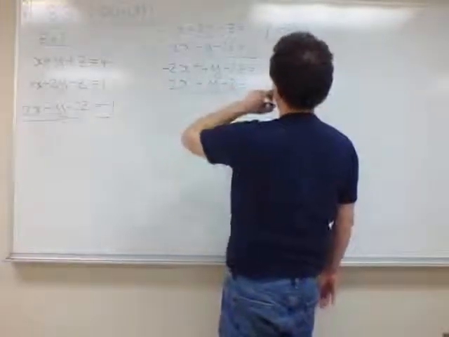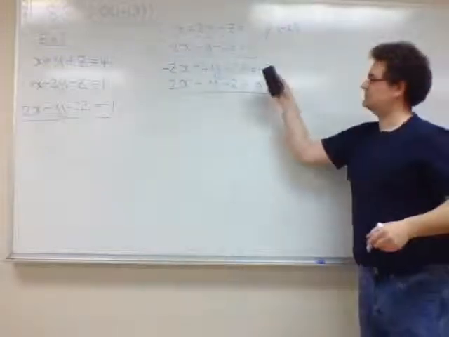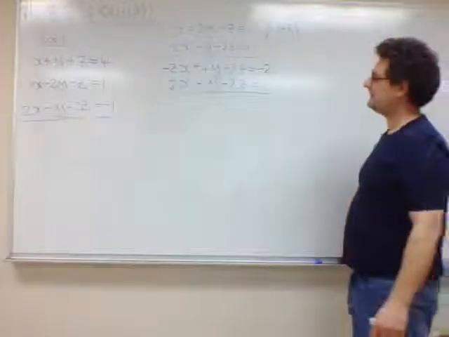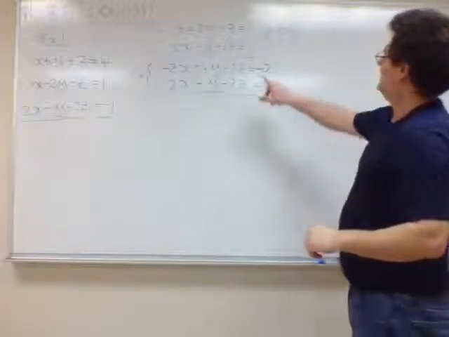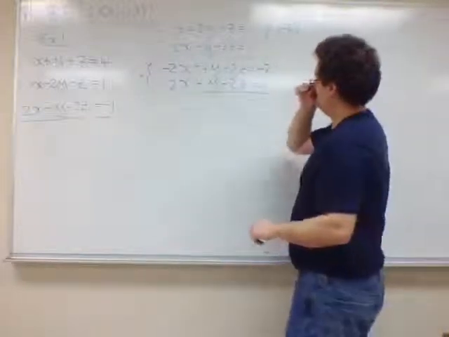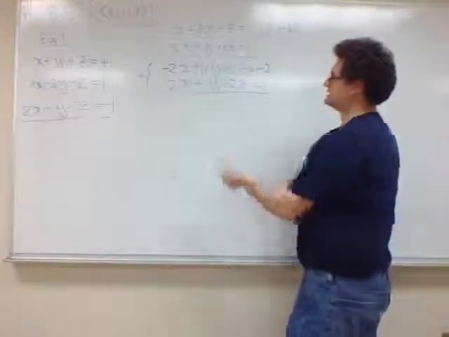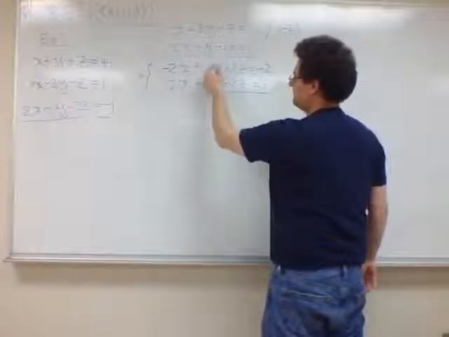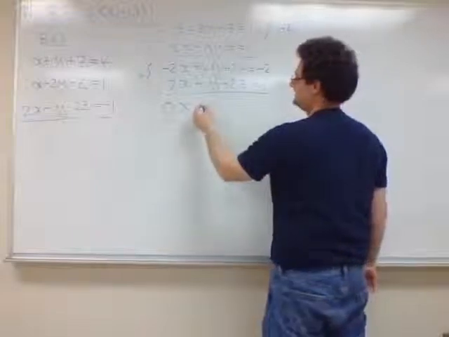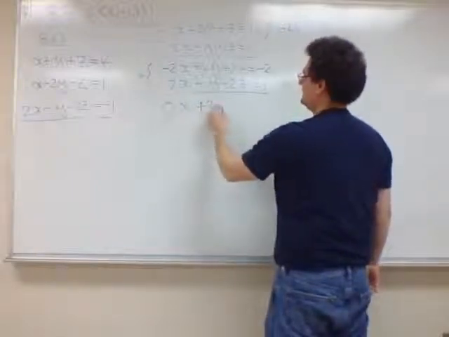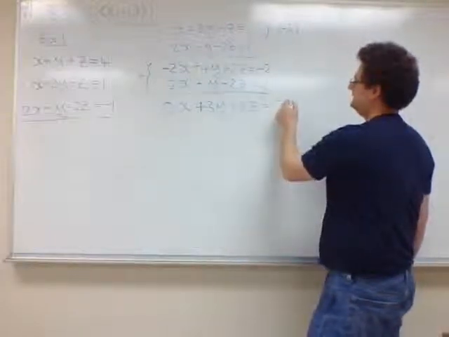Is that right? No. I need here -2, right? -2 times 1 is -2. Now I add them up. I get 0z, that's okay, but I also get 0x. What remains is 0 times x, 4y minus y, that's plus 3y, plus 0z, equal to -1.